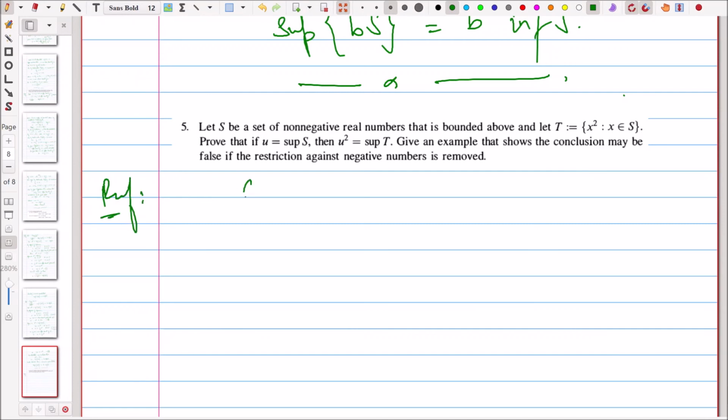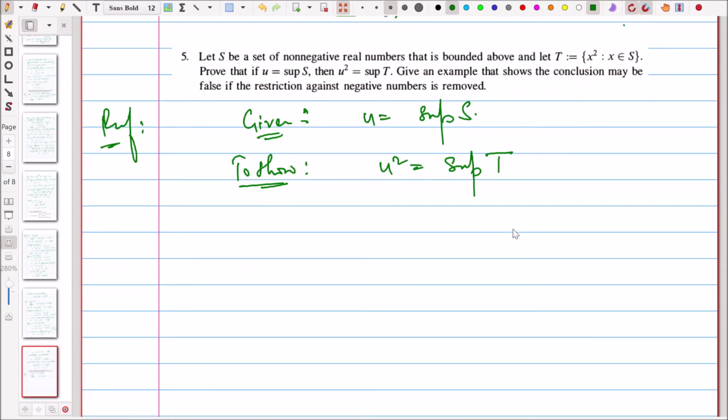Given U is equal to supremum of S, to show U square is equal to supremum of T. T is the set of all squares of elements of S. First we will show that U square is an upper bound of T, and then we will show that no number smaller than U square is an upper bound of T.